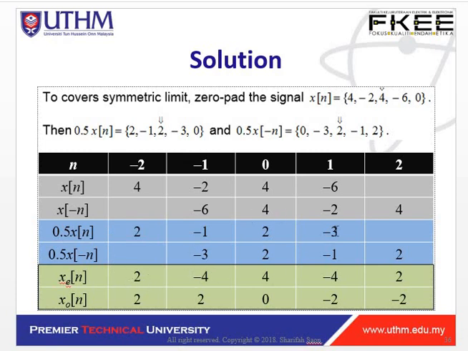This one you get 4. This one negative 4. This one 2. So this is x even. What about x odd? x odd is minus. So 2 minus 0, you get 0. Negative 1 minus negative 3, you get 2. 2 minus 2, you get 0. Negative 1 minus negative 1, you get negative 2. Then 0 minus 2, you get negative 2. So this is how you get x even and x odd.